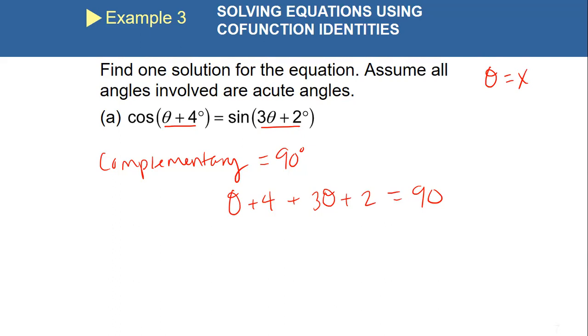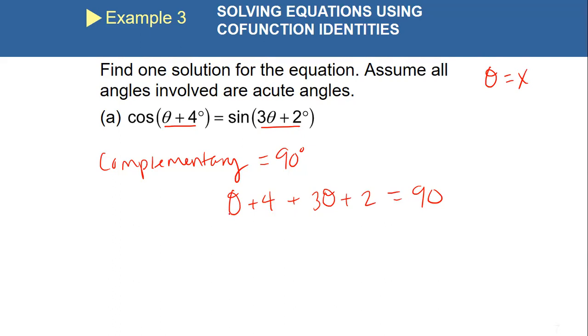Because together they have to equal 90. An acute is less than 90, but complementary means that they have to be equal to 90. Because the two acute angles equal 90. Does that make sense? Yeah, that's the only way you can make complementary angles. They have to be acute angles added together.